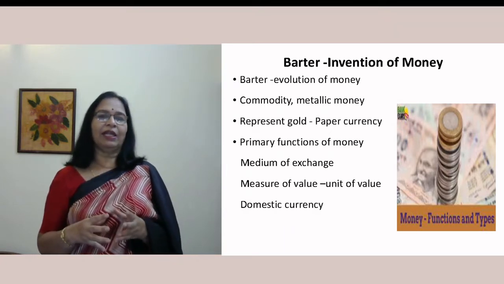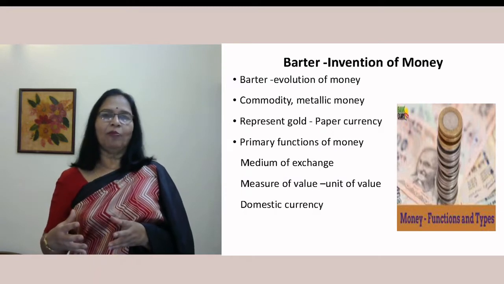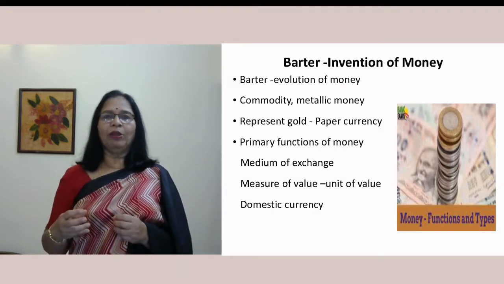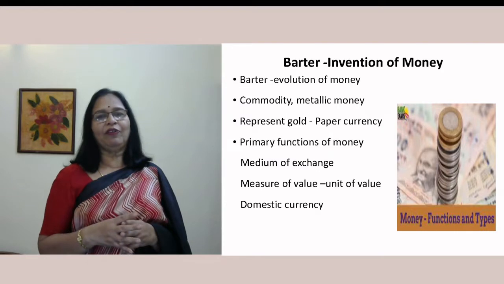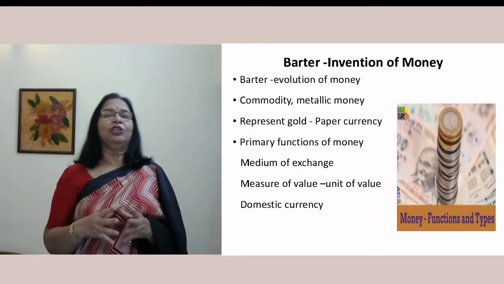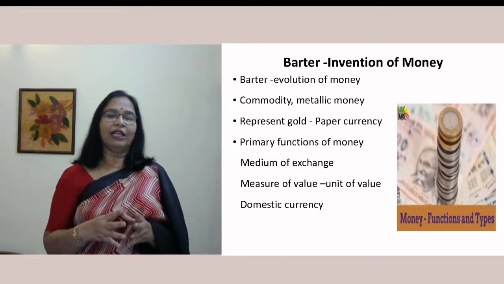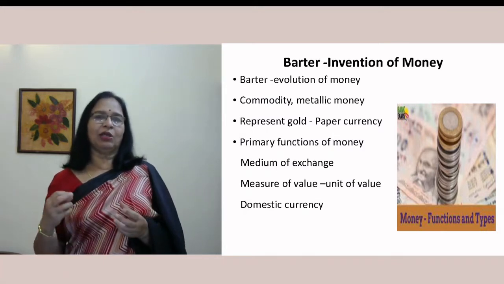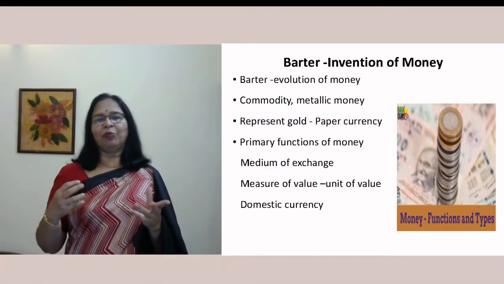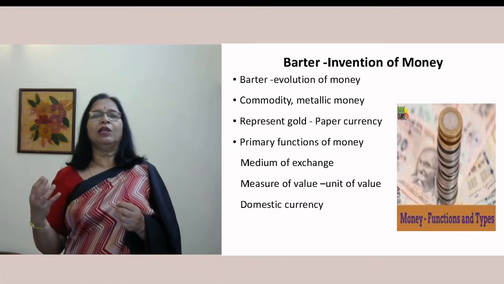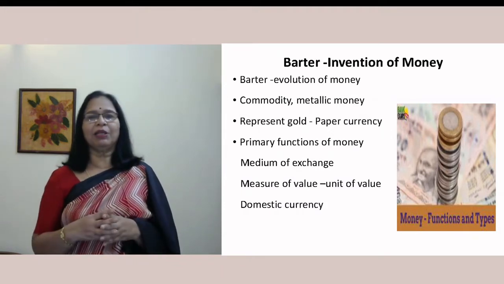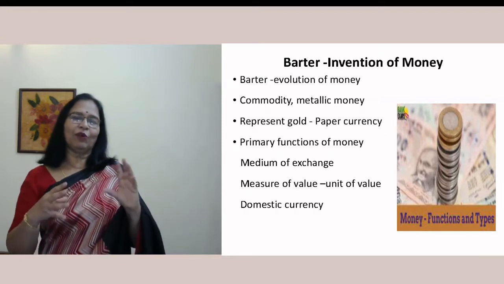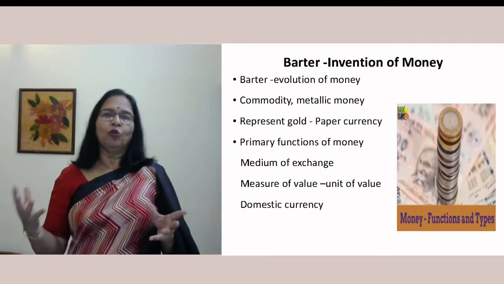But since there are remnants of barter even in the modern economy, we can understand what kind of difficulties must have been there during those times. So it would be that one bag containing 100 potatoes must be equal to say 200 units of lime or something like that, in which case we would say that one bag of potato is equal to two bags of lime.